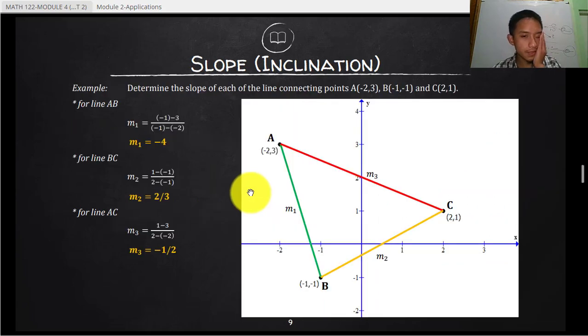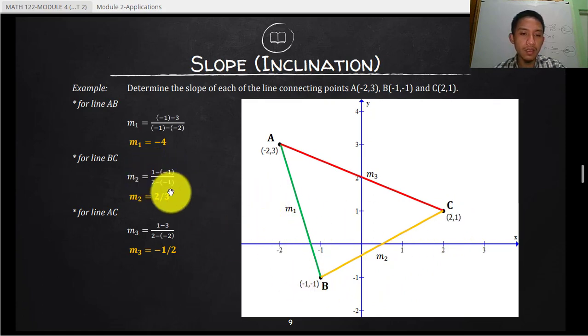Okay, so making use of delta y and delta x, because that is all we have. We do not have any angle. So for M2, delta y over delta x of BC. Change in y, 1 minus negative 1, over 2 minus negative 1.